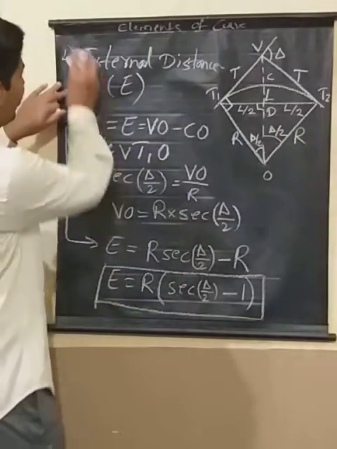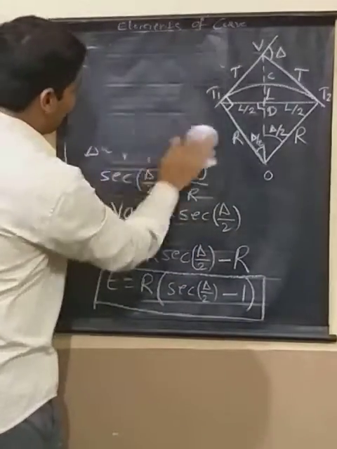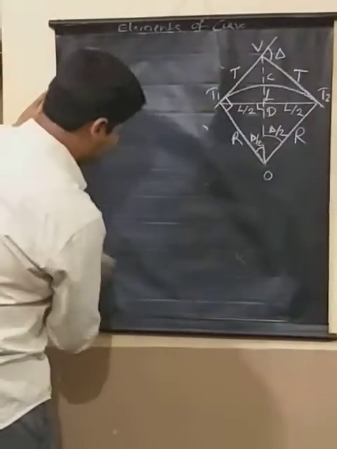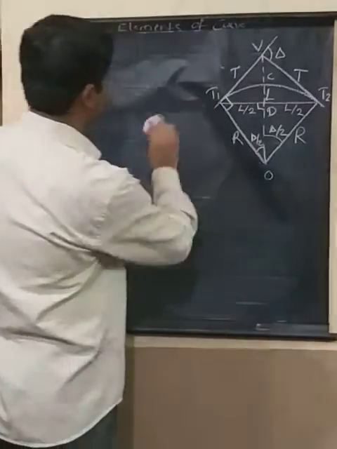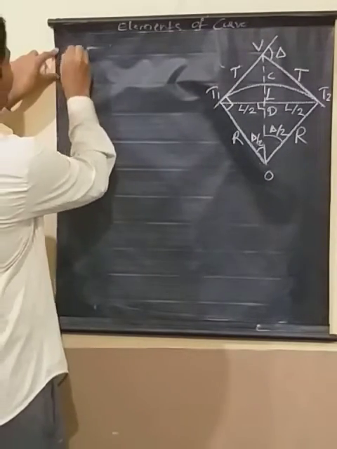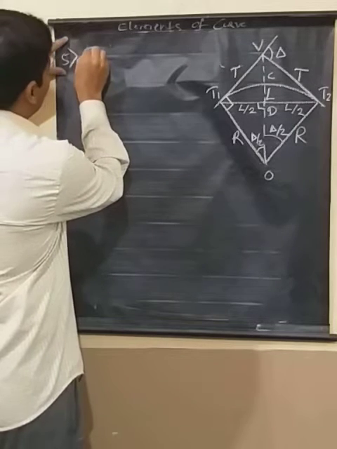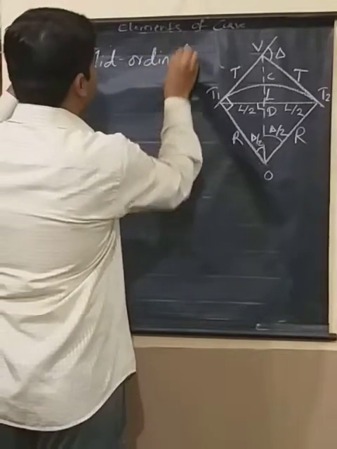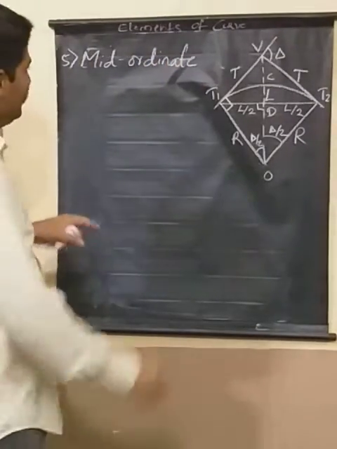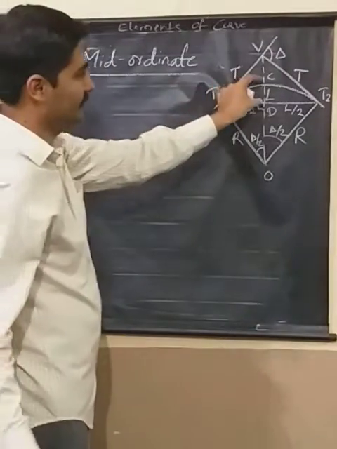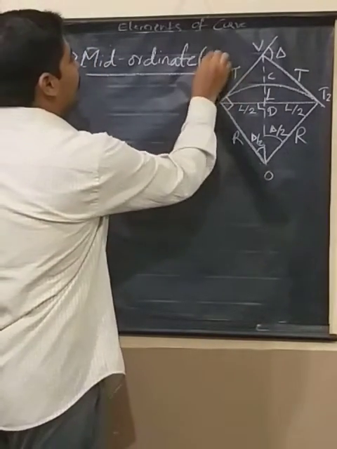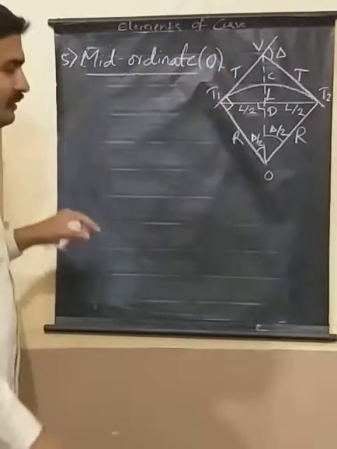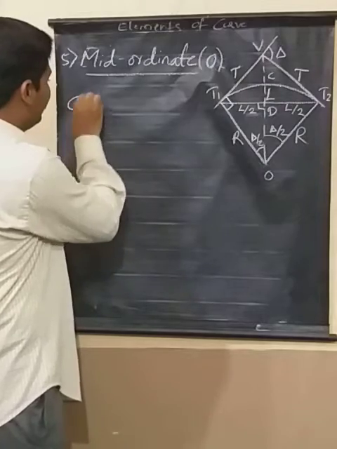Now the final one, mid-ordinate. So mid-ordinate is this, right? You can call it as O. So mid-ordinate, that is CD.